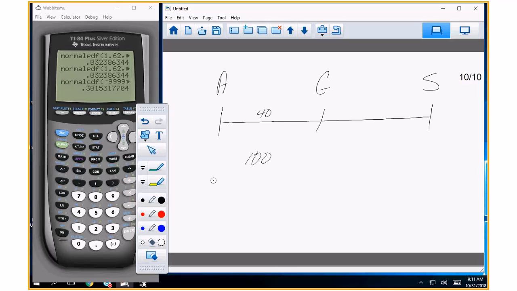What is 100 minus 40 going to give me? It's going to give me 60, which is from Spartanburg to Greenville. What did I do? I took the larger amount and I subtracted the smaller amount. Write that down because that's what you're about to do with the area in between.